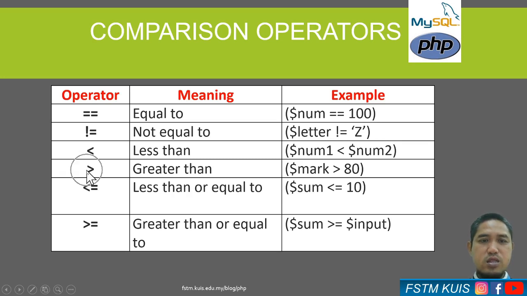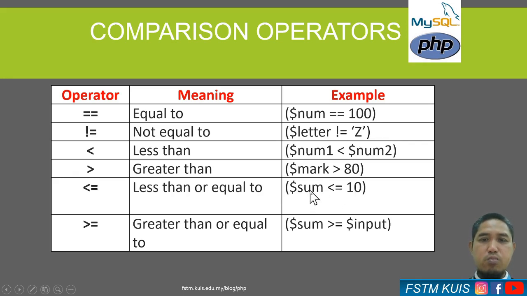So this is greater than, and this one is less than or equal to. Greater than means if mark is greater than 80, then this statement will provide the answer true. And then less than or equal to, referring to the value in sum, is either less than 10 or equal to 10.